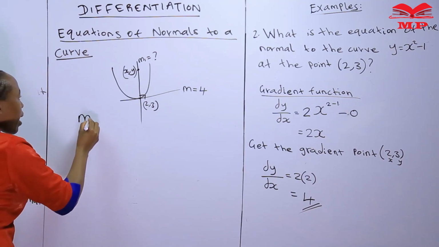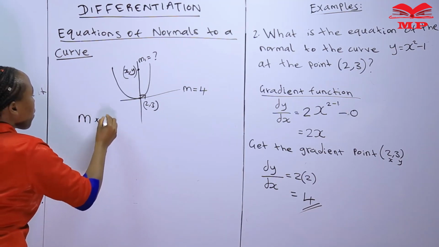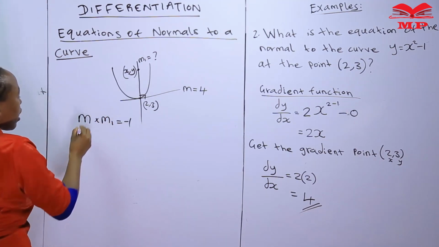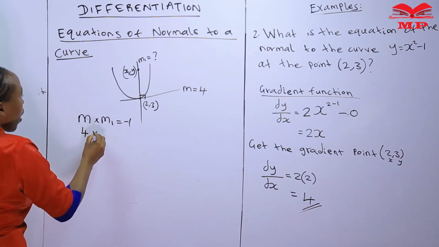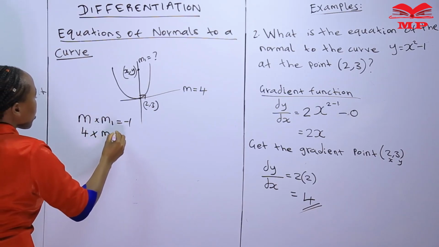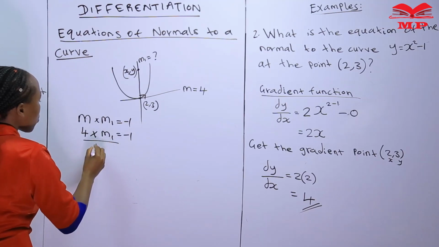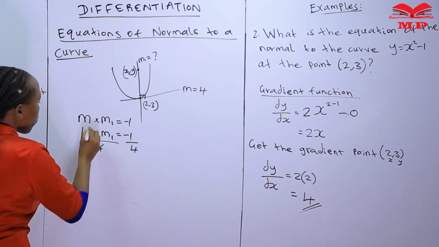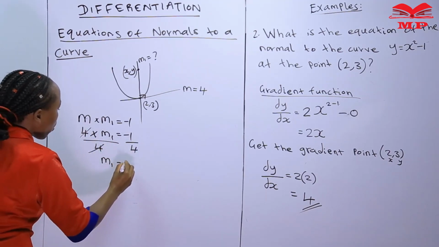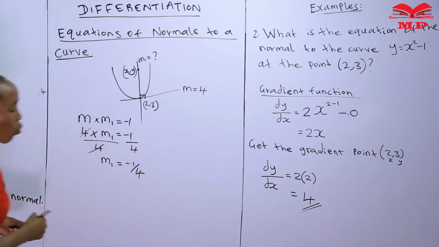So we have m multiplied by m1 should be -1. Our m is 4, so m1 is equal to -1 divided by 4. So the gradient of the normal is -1/4.